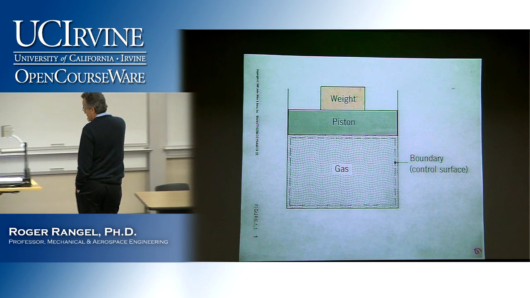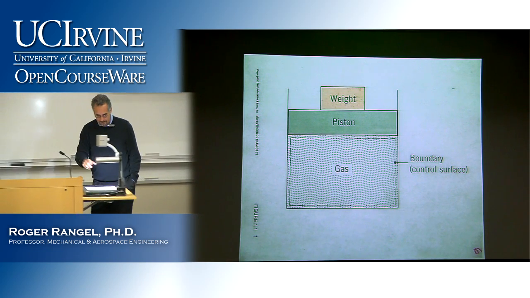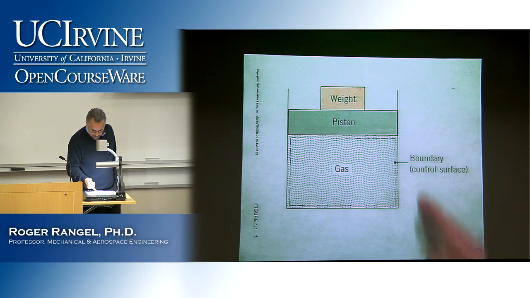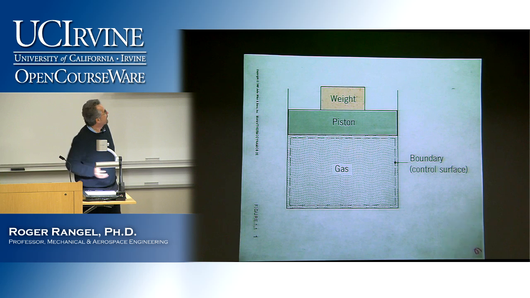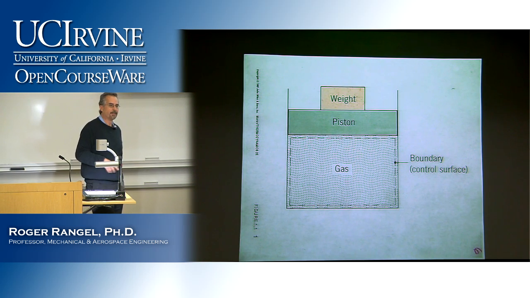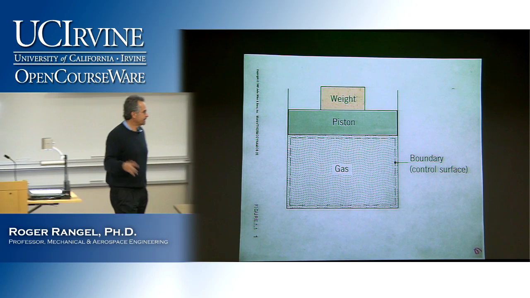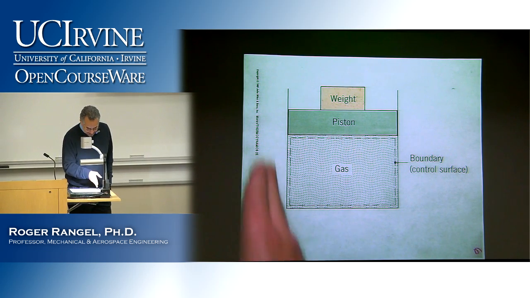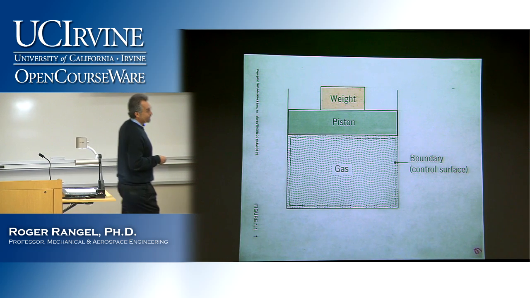So let's say that the gas is our system, whatever gas is there. Then, of course, you see a dashed line there, which is the boundary, the control surface. You might argue, well, that's not very precise because I see some of the gas outside that boundary. Well, yeah, that's because that's a schematic. Ideally, you would draw that boundary so that it contains all of the dots that represent the gas.